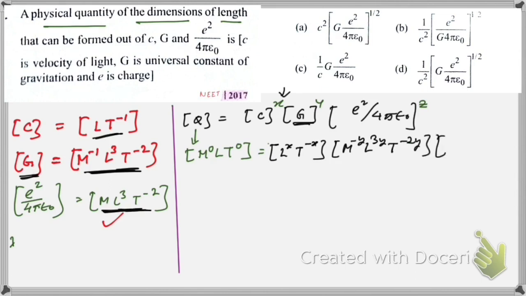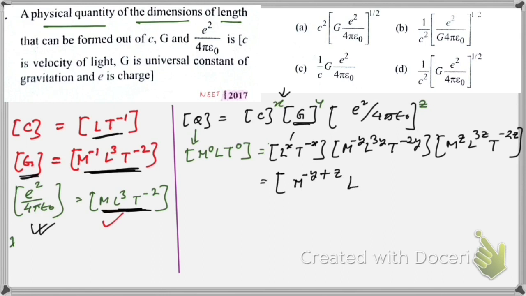On this quantity we have power z, so we can write M to the power z, L to the power 3z and T to the power minus 2z, right? Now simplify. We will get M to the power minus y, and here also we have M to the power z, so plus z.